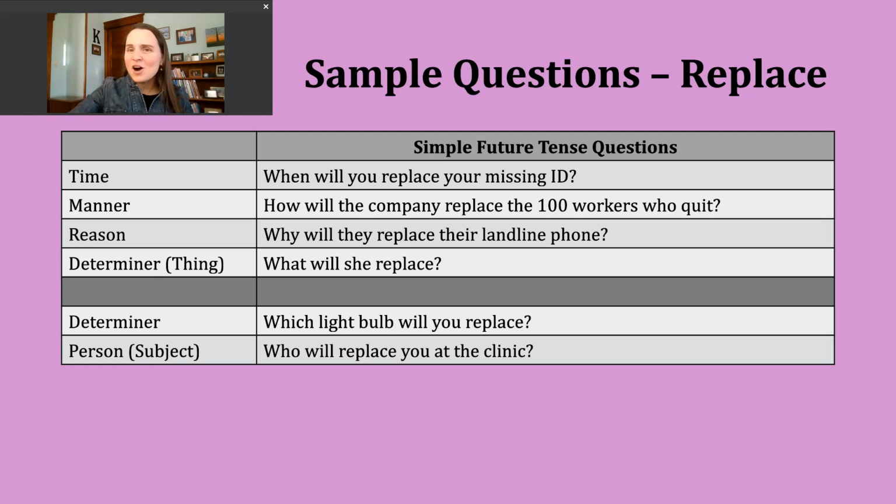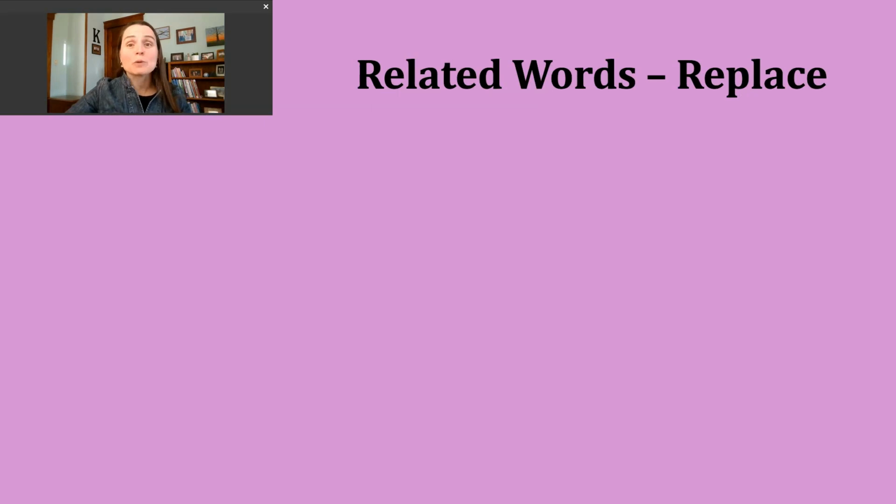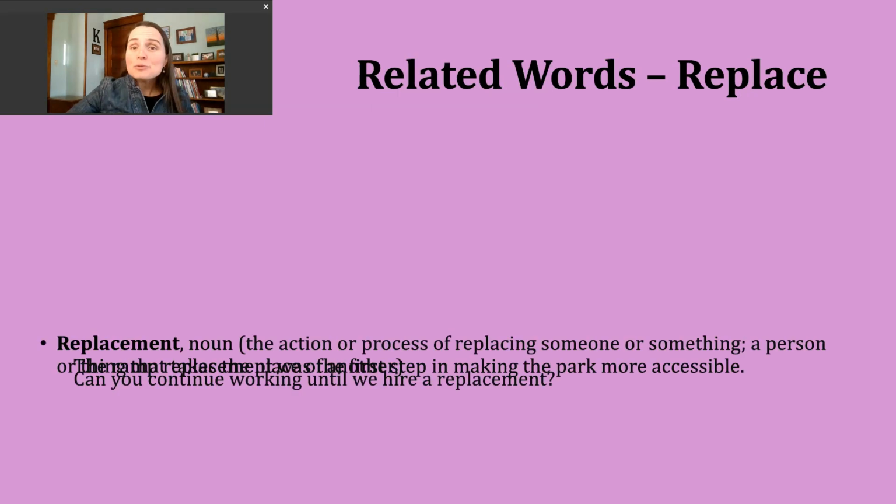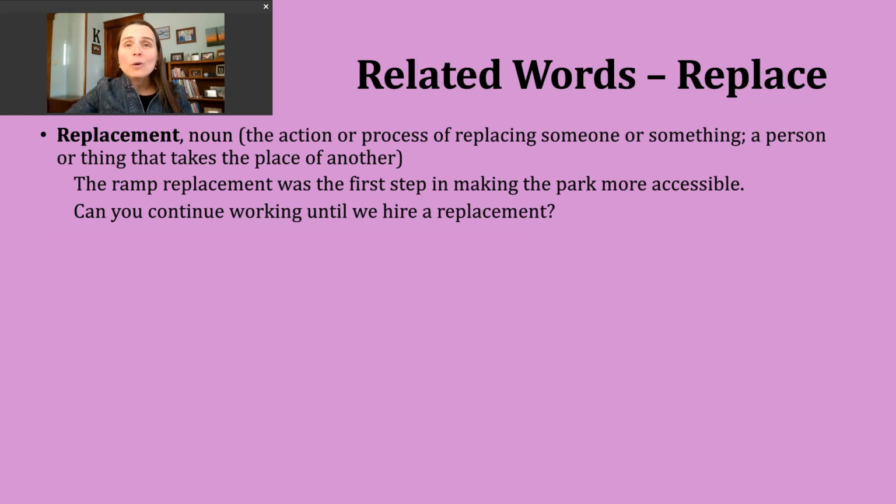Now let's move on and talk about some words that are related to our verb replace. And the first word we're going to discuss today is the noun replacement. Replacement can have a couple different meanings. The first would be the action or the process of replacing someone or something. Let's take a look at this meaning in a sentence. The ramp replacement was the first step in making the park more accessible.